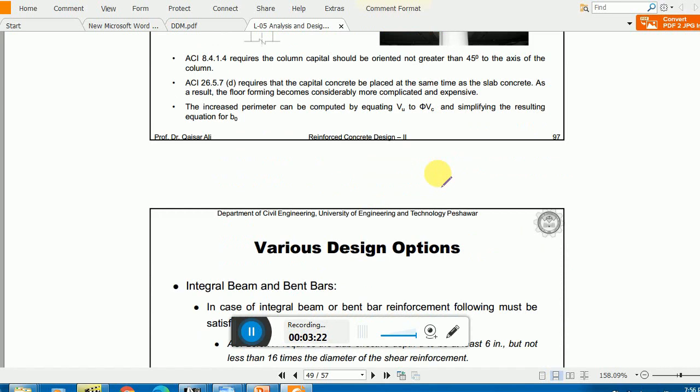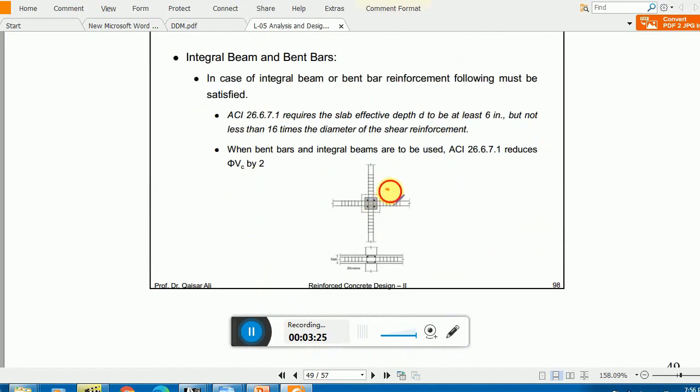Okay, the next thing is the design of your integral beam. Remember, if you are interested in providing an integral beam, your effective depth should be at least 6 inches, but not less than 16 times the diameter of the shear reinforcement. This is very important. This is the minimum requirement.